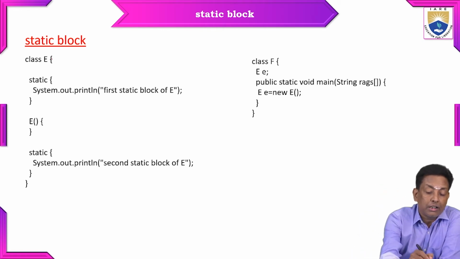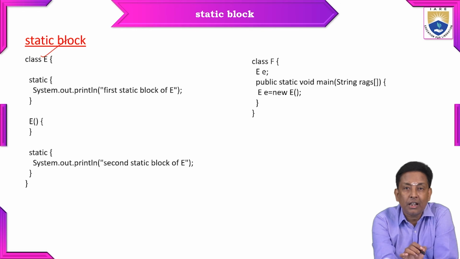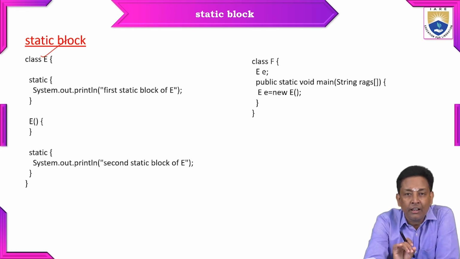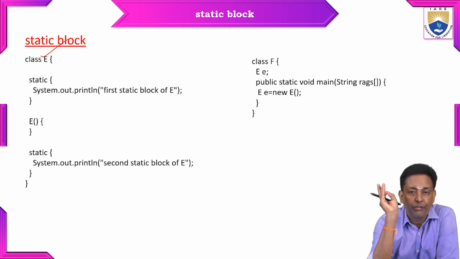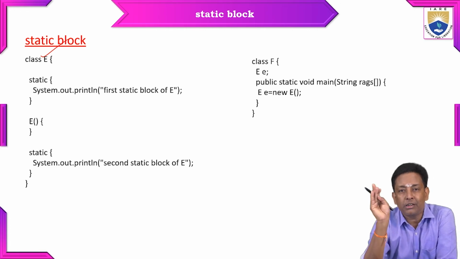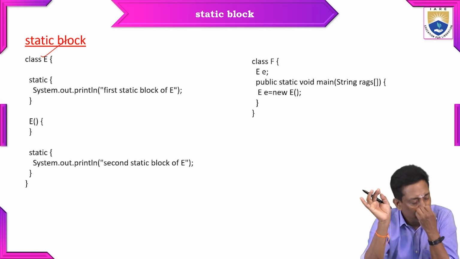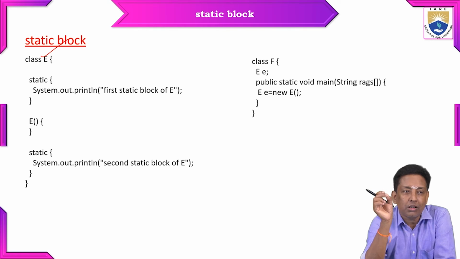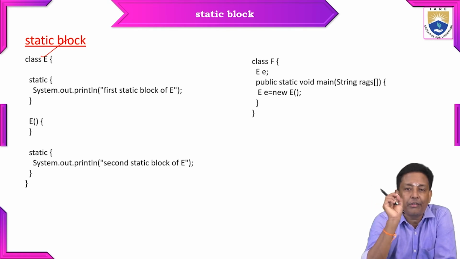I'm writing one class called E. Inside E, generally in a class, you will find variables, constructors, and methods. Mostly 90 to 99%, we write only variables, constructors, and methods in a class. The presence of static and non-static blocks is very rare in classes.